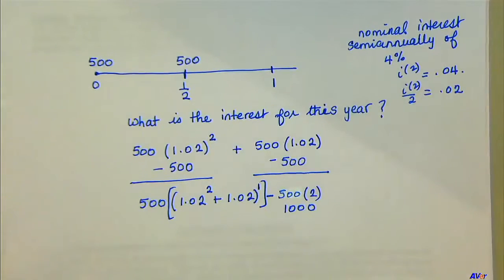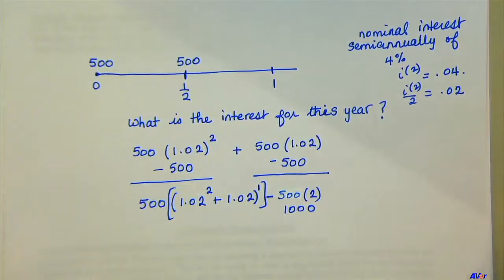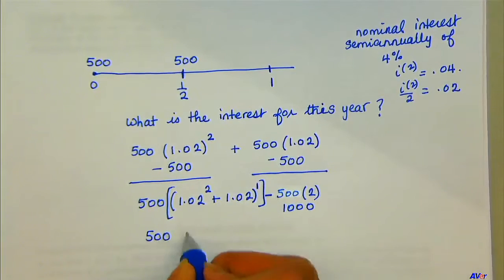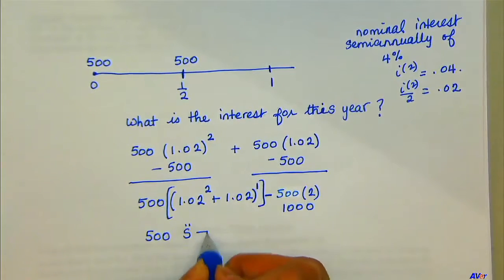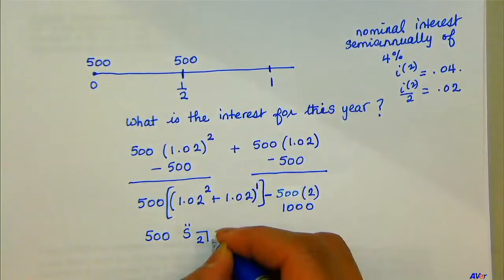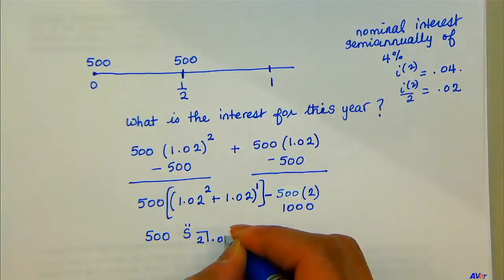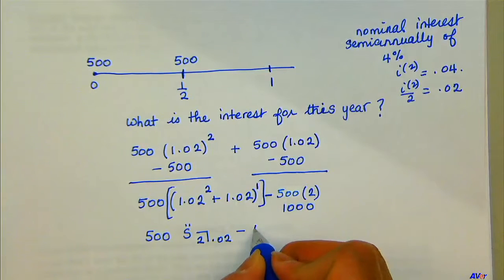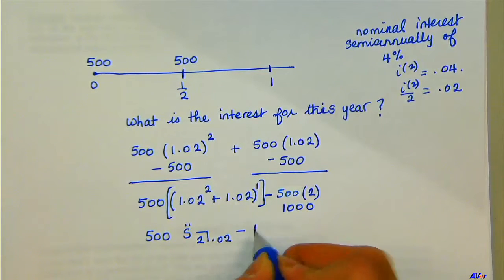Can I do that? So how about this? 500 S double dot angle 2 at 0.02 minus 500 times 2, minus 1,000.